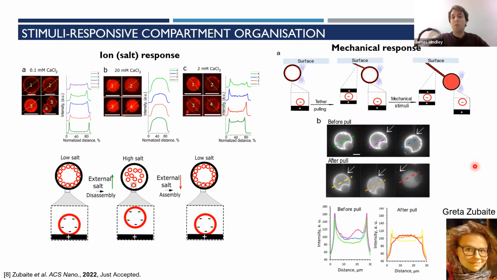So now we have shown that not only does the entire population respond to an environmental change, but we have a system that can respond mechanically. We're really interested in understanding this further.